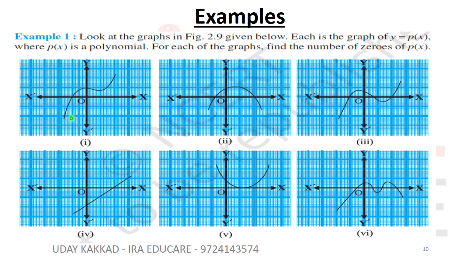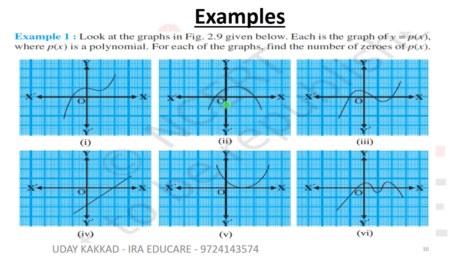So for the first, there is only one, okay. So here for case 1, the polynomial p of x has only 1 zero, because there is 1 point where the x-axis is going to intersect.